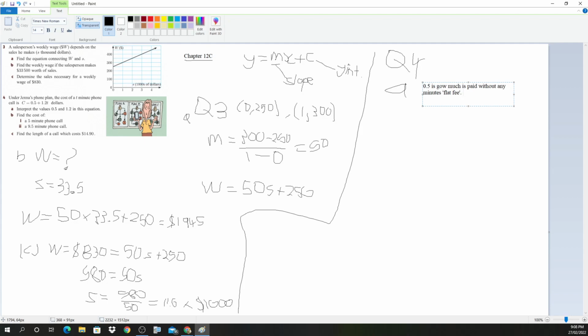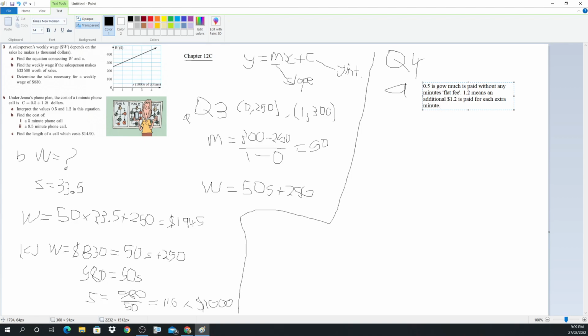And the 1.2 is what multiplies the t. The 1.2 means an additional $1.20 for each extra minute.